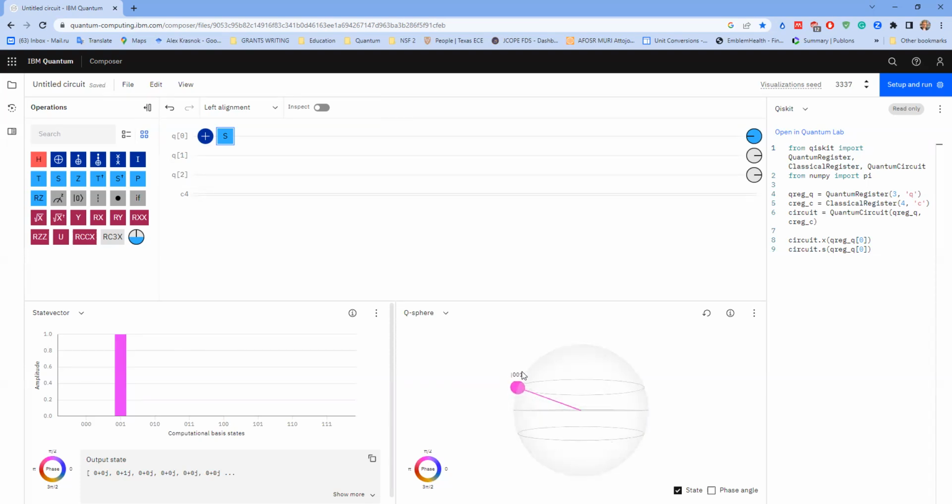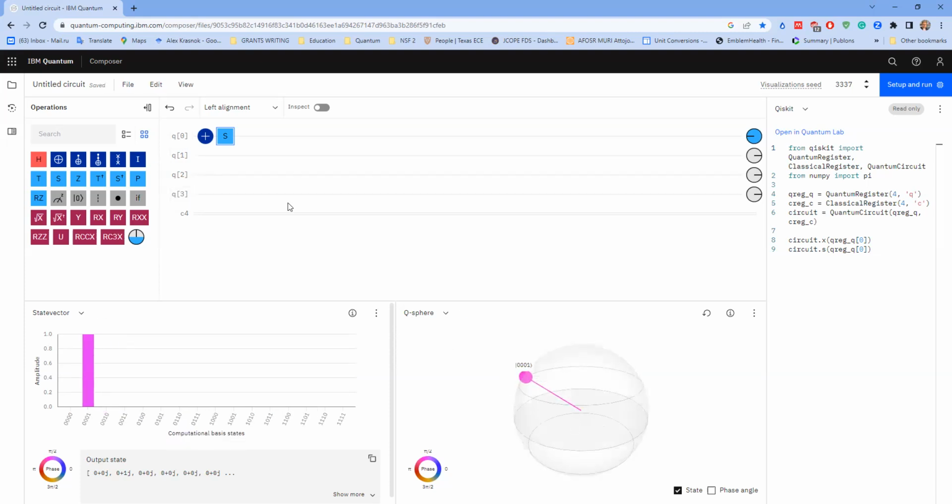And as you can see, as I add more and more qubits here, I'm getting more and more sections over this sphere, and the color of this qubit changes. So this color represents the phase of the corresponding state of a qubit. And yeah, so this is the difference. So this is not Bloch sphere, but Q sphere.